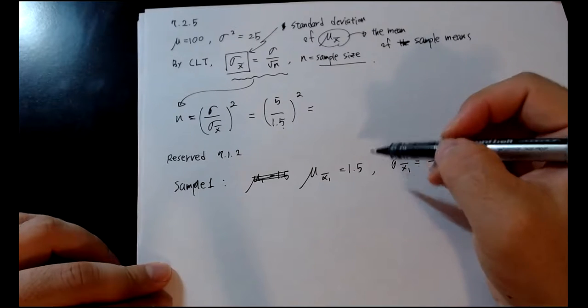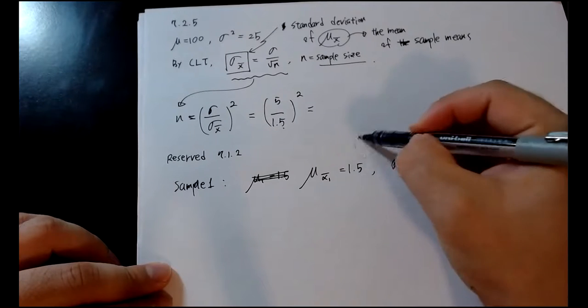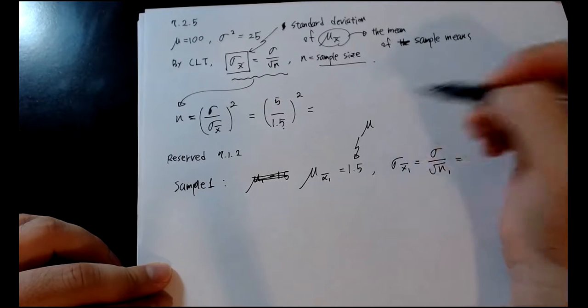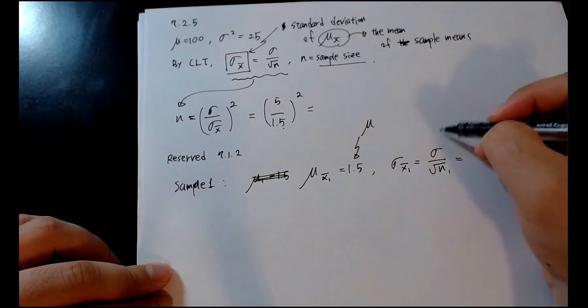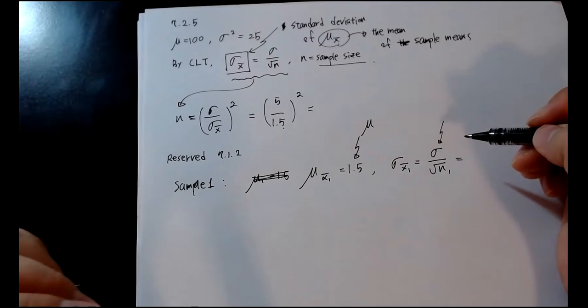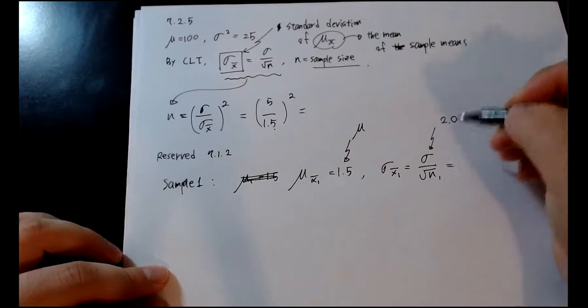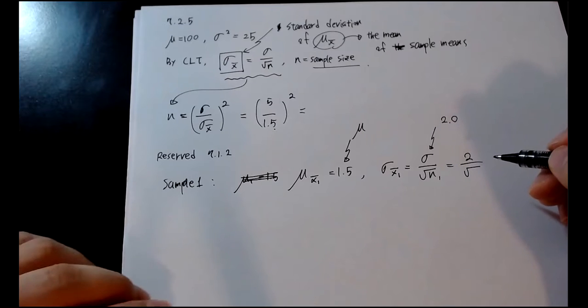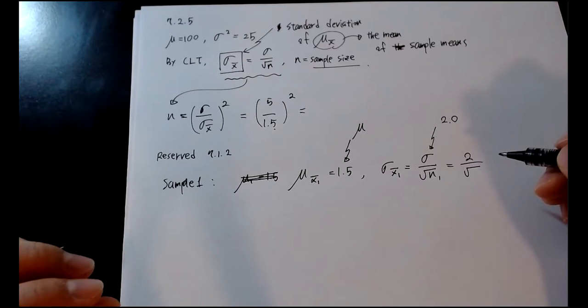By the way, where does 1.5 come from? It's nothing but the population mean mu. And sigma is the population standard deviation. The problem says 2.0. So we get 2 over square root of n1. The problem says that n1, the size of the first sample, is 44.